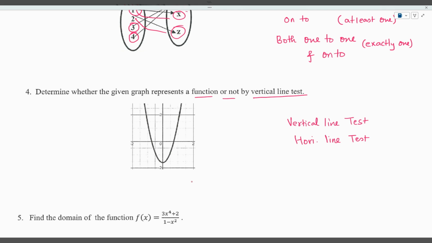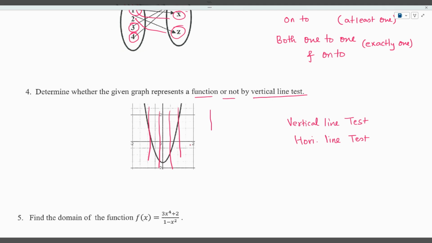So you can look at the graph. What is the vertical line test? The vertical line test can be used to determine whether a graph represents a function or not. How to perform it? If we can draw any vertical line that intersects the graph more than once, then it is not a function.